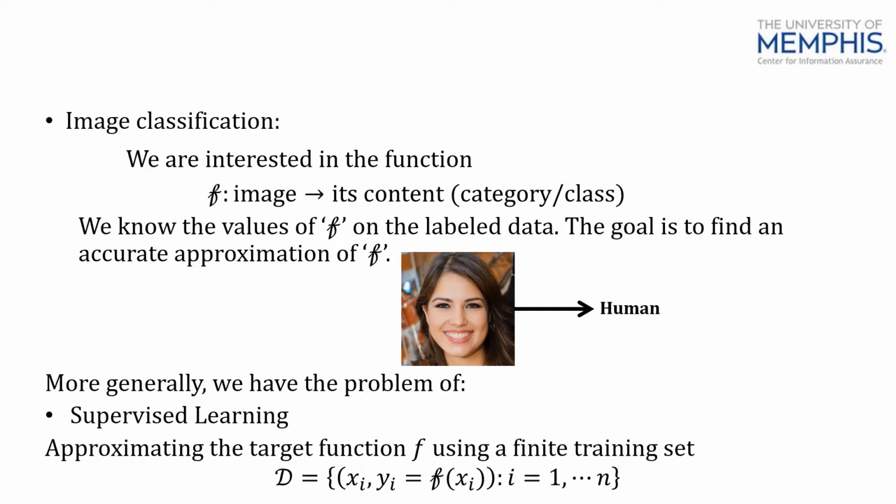As we discussed earlier, the value of f is known on this finite data, that is the training data. So here the value of function f for xi, a particular image, is yi. This is a classical example of a function approximation problem.